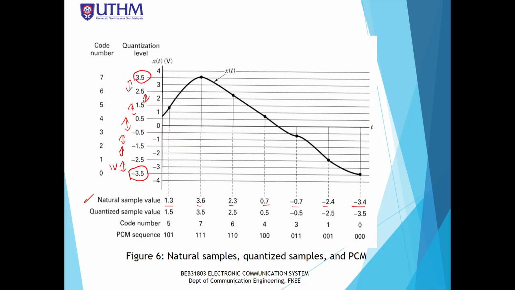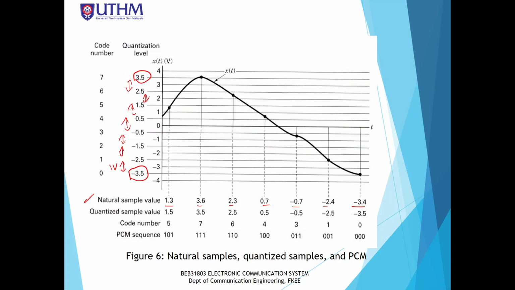So that means the step size is 1 volt, or the resolution is 1 volt in this example. And we have 8 quantized levels: minus 3.5, minus 2.5, minus 1.5, minus 0.5, 0.5, 1.5, 2.5, and 3.5.